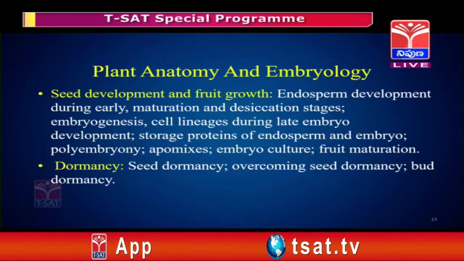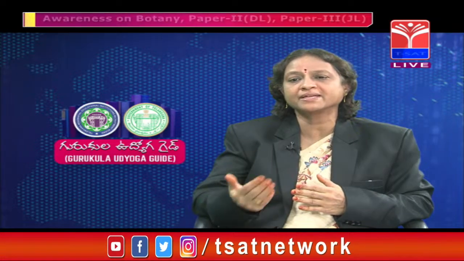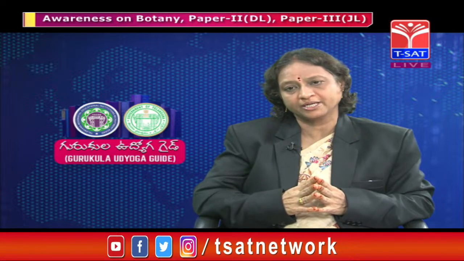Whether the seed is dormant, how do you overcome the seed dormancy, whether the bud is dormant, how do you overcome it, or what are the methods of bud dormancy removal.